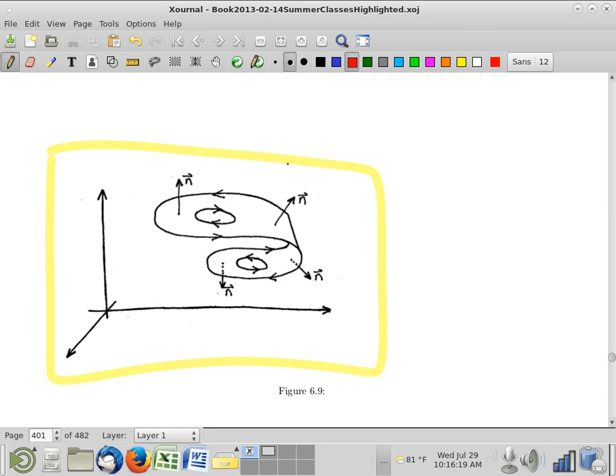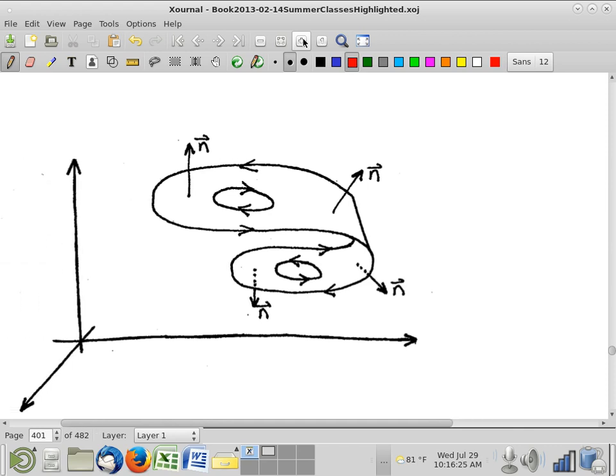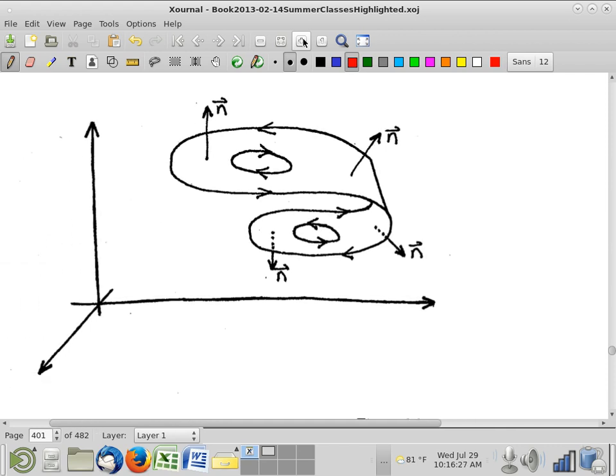So now let's go back and look at, here we go. Let me zoom in on this very quickly. Let's try to make sense out of what the orientation should be here. So for example, let's look at this point. Start with that point. Here's my normal vector. And think about that normal vector.